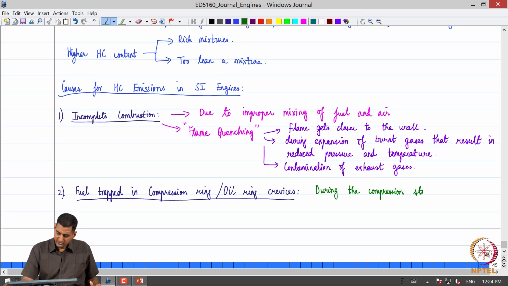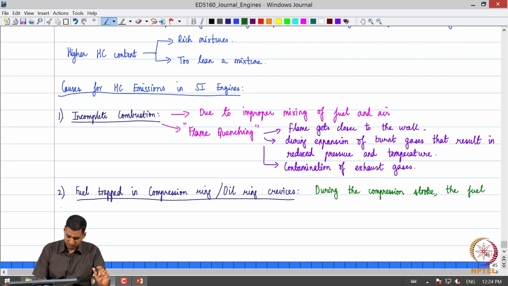The fuel air mixture may be forced into these crevices at high pressures.